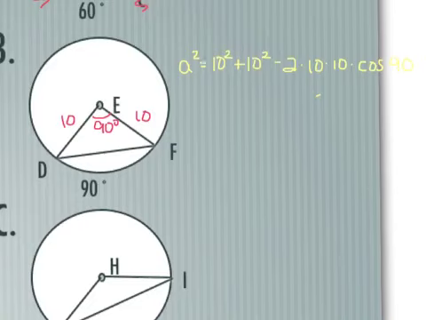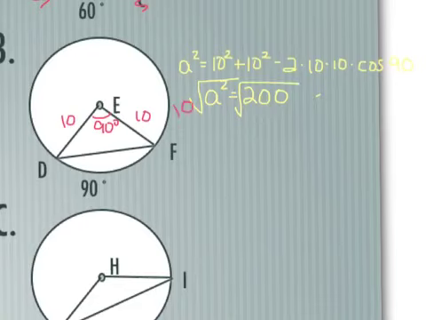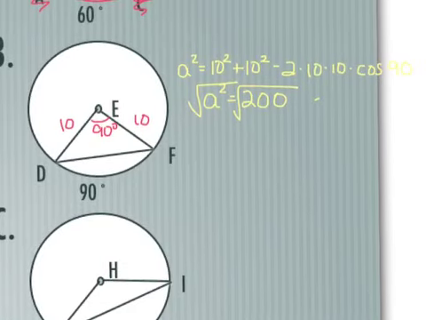Another strange one comes out to A squared equals 200 exactly. When I take a square root of 200, I end up with A equals 14.14, which would be the length of this side from D to F.